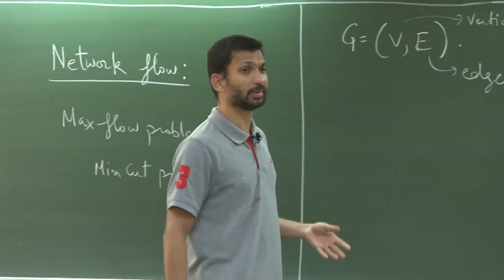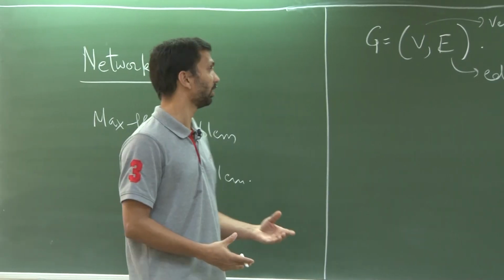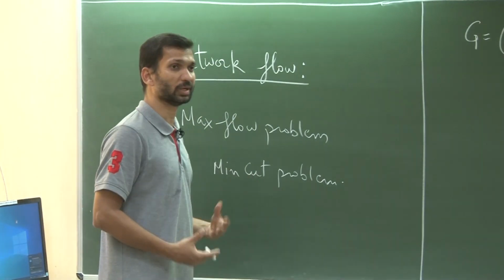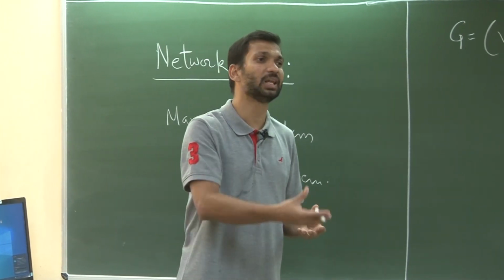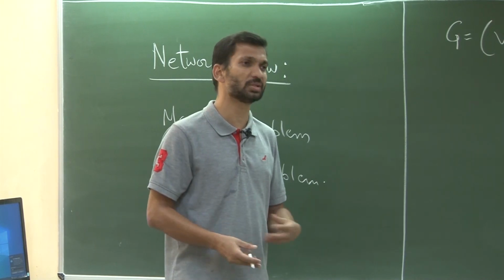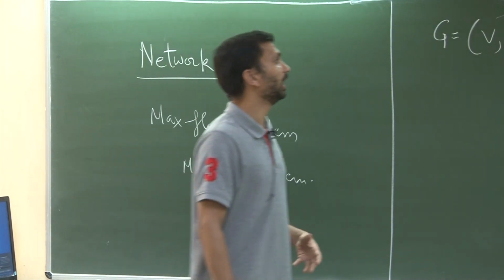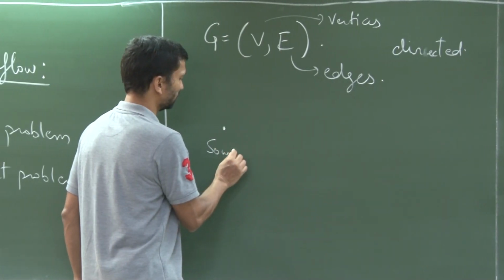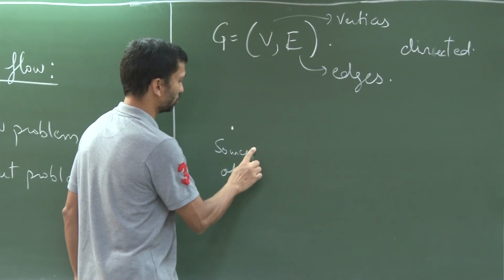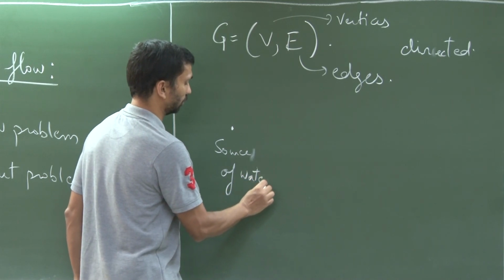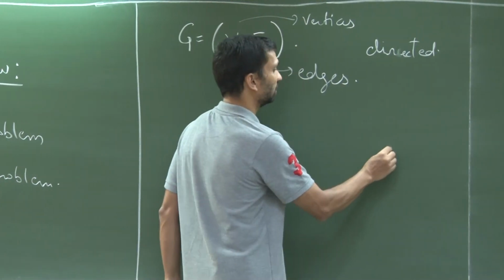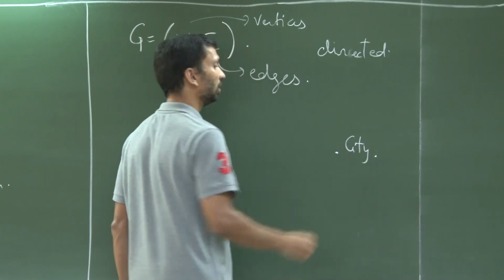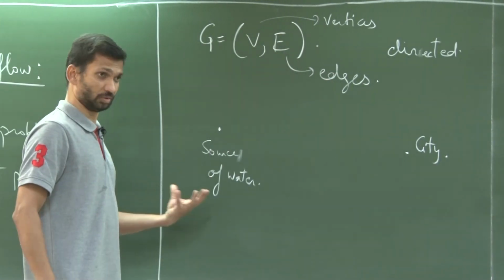Before we start explaining this problem in mathematical detail, let's just say why it is a max flow problem. It has a very nice real life application which appears in many situations. Let's say you have some source of water, and there is some city where the water is needed.